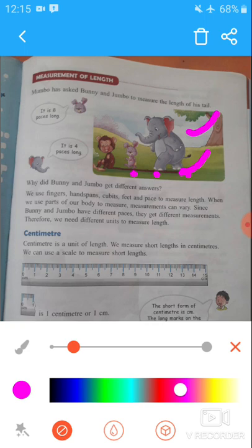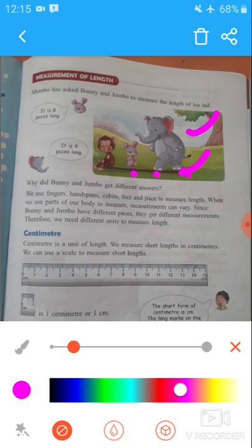Here we use fingers, handspan, cubits, feet and pace to measure length. When we use parts of our body to measure, measurements can vary. Since Bunny and Jumbo have different paces, they get different measurements. Therefore, we need standard units to measure length.